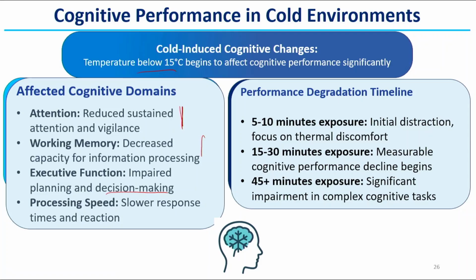Performance degradation timeline: with 5 to 10 minutes of exposure, there is initial distraction of focus. Then with 15 to 30 minutes of exposure, there is measurable cognitive performance decline. And with 45 plus minutes of exposure, there is significant impairment of complex cognitive tasks.